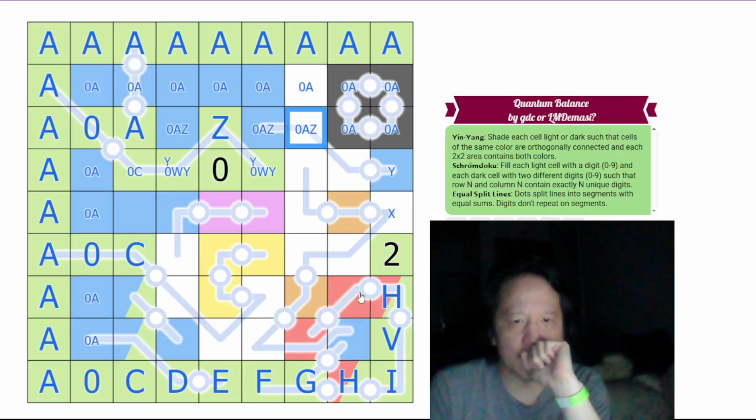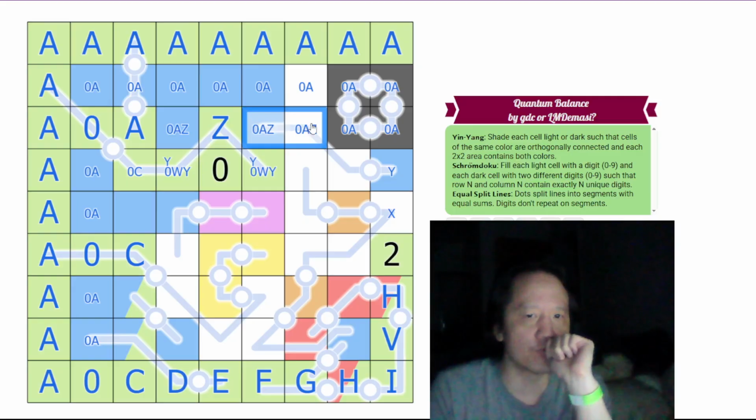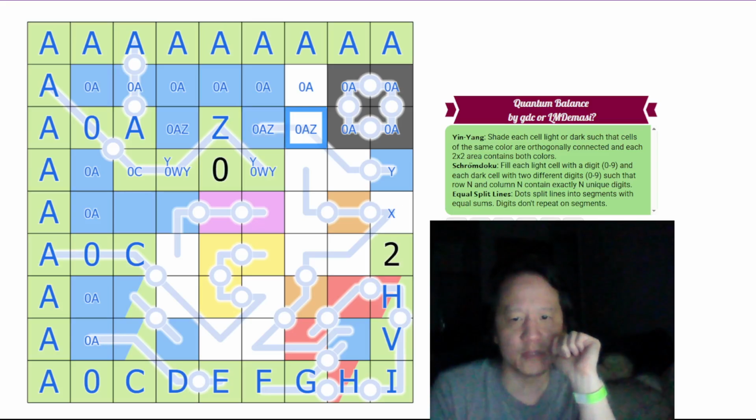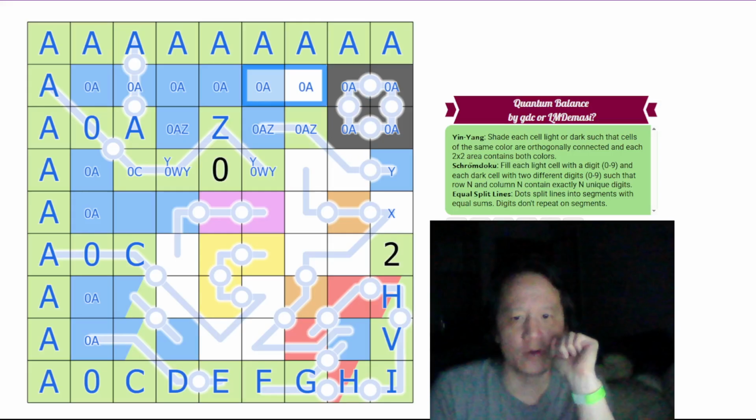Oh, it has to be... This has to be... Okay, so this cannot be 2 blues. Because again, that would be 4 unique digits in the same segment. So this has to be green. I guess it could be blue. Anyways, blue has to go out here, which means blue has to go to here.